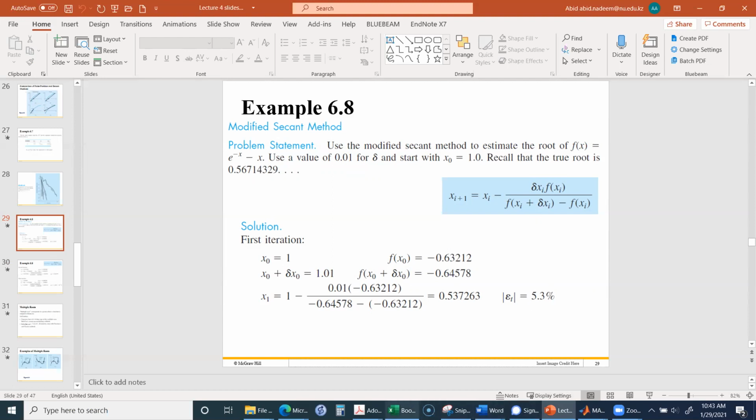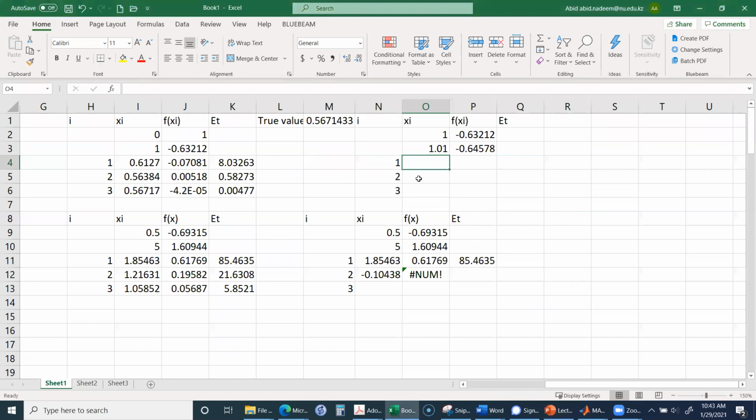Okay, now I understand. I will take it like this. We will not have to take this value in the modified secant method, because we are using the delta.